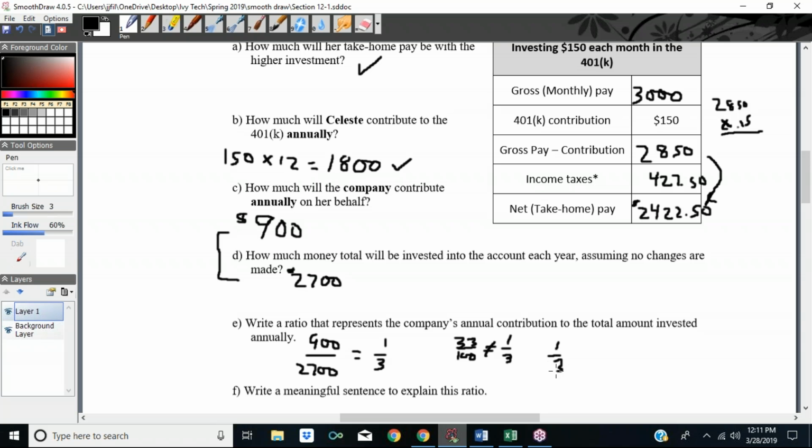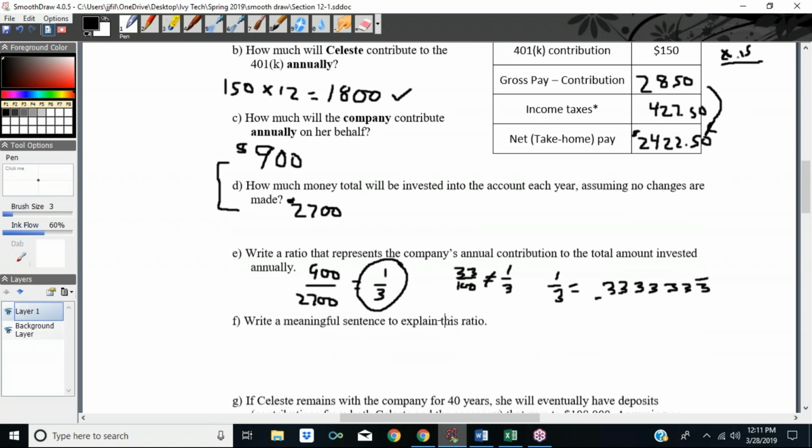So 1/3 is actually, if you put in your calculator, 0.3, and that 3 goes on forever. So it's not exactly 33%, it's 0.3 repeating. And please note that that's different than 0.33, okay? So it's exactly 1/3. So we want to write a meaningful sentence to explain this ratio.